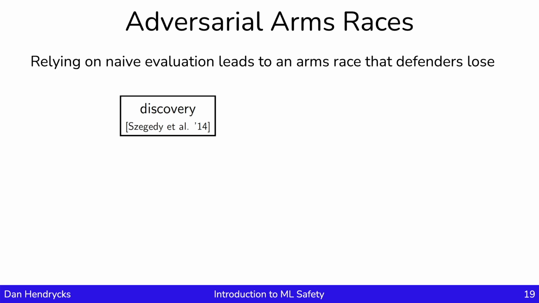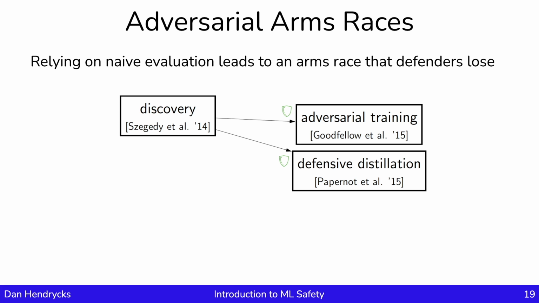Assessing and estimating the robustness of a model against adversarial attacks can be very subtle. Let's look at a historical example to see how this is so. Szegedy et al. in 2014 discovered adversarial examples, and a year later, some defenses were proposed. A variant of adversarial training was said to have solved adversarial examples, and Papernot's paper on defensive distillation also gave that impression.